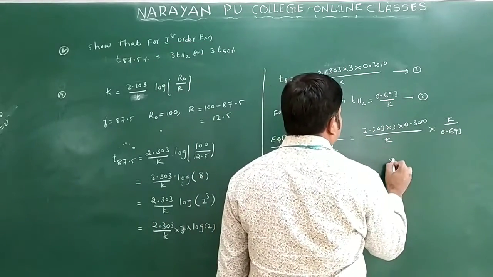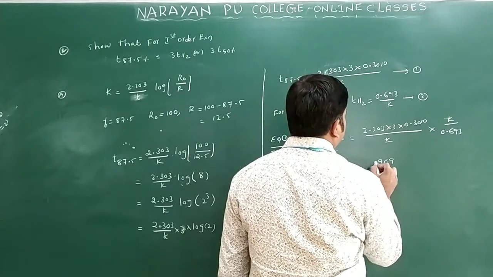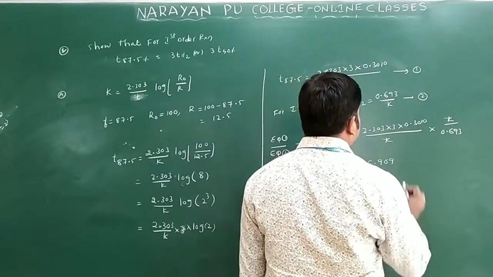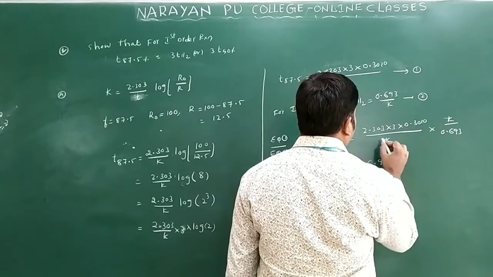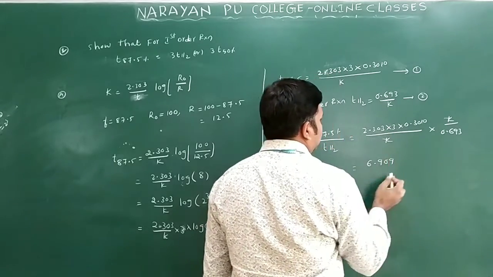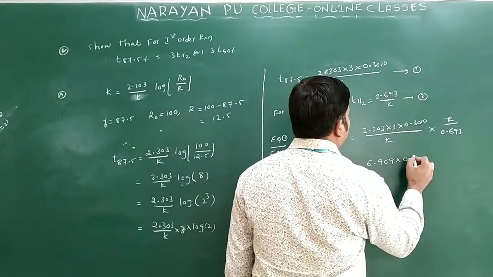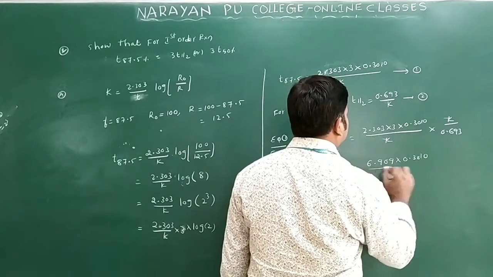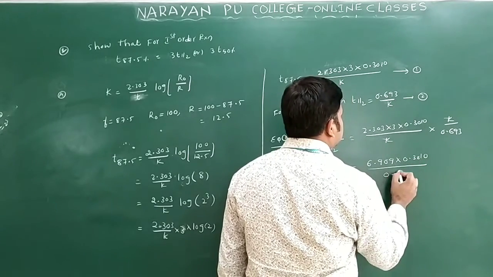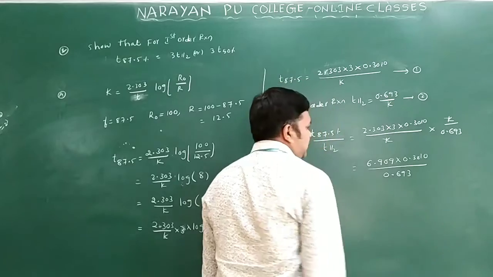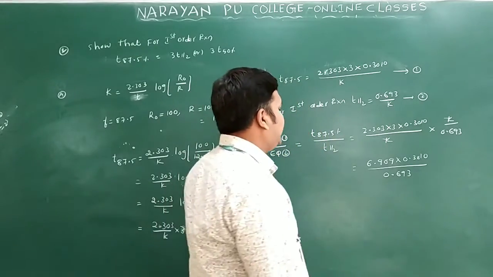Multiplication, what do you get here? 2.303 into 3 is 6.909. So this is 6.909 into 0.3010 by 0.693. Just divide and multiply with 10.